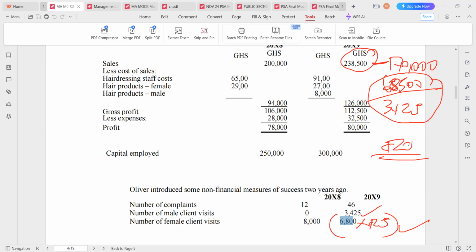Meaning we are charging more for female per price. But it is fair. Female hair and male hair, which one do you think is more expensive to do?